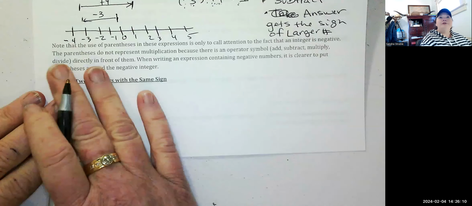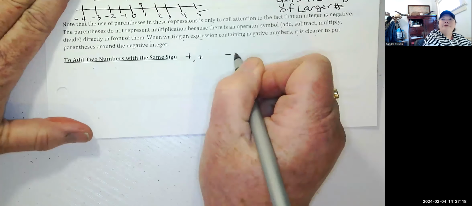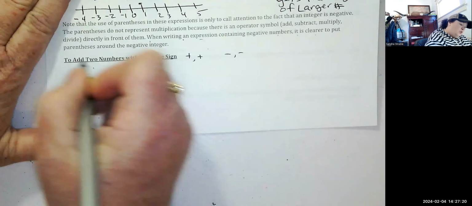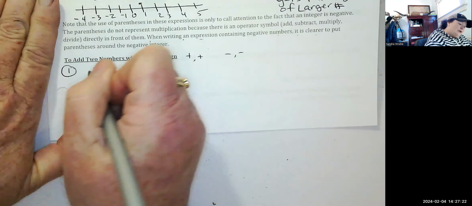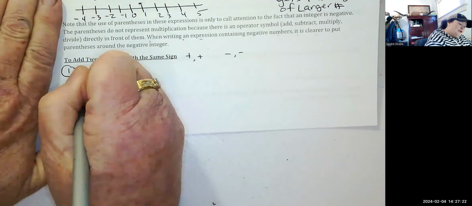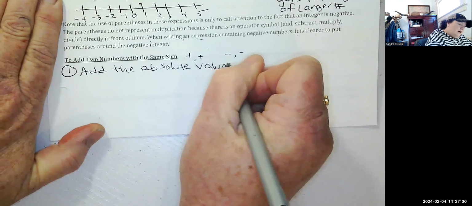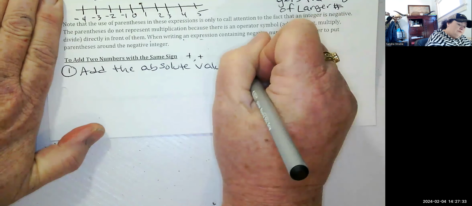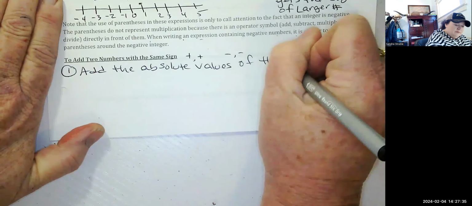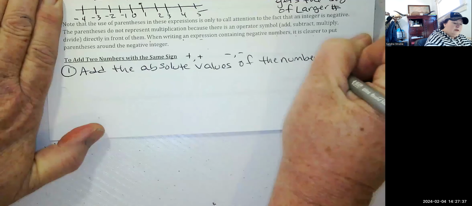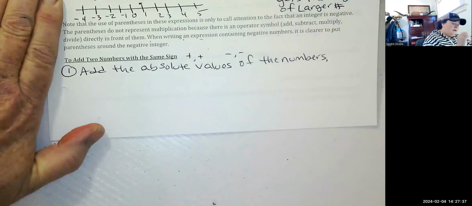To add 2 numbers with the same sign, whether they're both positive or both negative, one, you're going to add the absolute values of the numbers and ignore the signs.